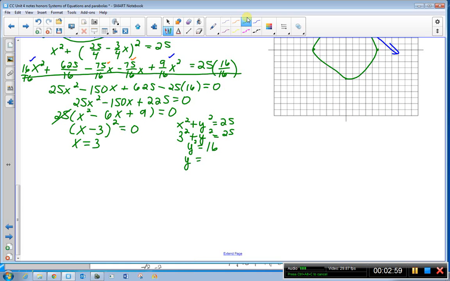So y is equal to either plus or minus 4. But from our graph, it cannot be the negative 4. That's why you need both, because is it 3 comma 4 or 3 comma negative 4? From the graph, we found that the intersection was at 3, 4. So that's the answer to that one. Go to the next page.